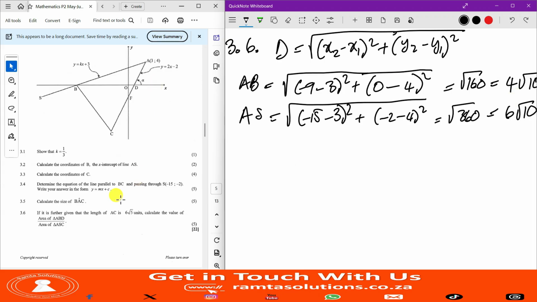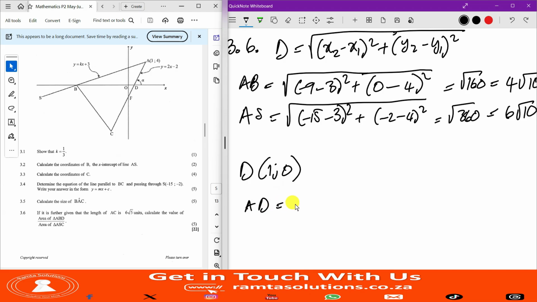We did have AC. We need AD because they said ABD. So AD, D being my last point. What is the value of D? Oops, I do not know. But from this equation, I can tell it'll be 1 and 0. So AD is, guys, finding the x-intercept from this equation, okay?